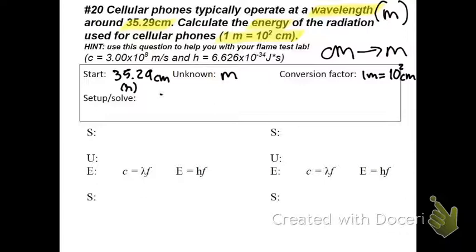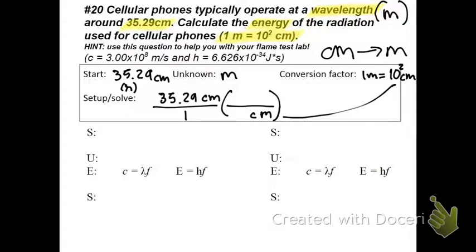Plug in what we know. Start with 35.29 centimeters over 1. Multiply by a conversion factor. What's on top must come down. We know that centimeters needs to go on the bottom. The number that's affiliated with centimeters is 10 to the second. If we use 1/2 of our conversion factor, we have to use the other half on top.